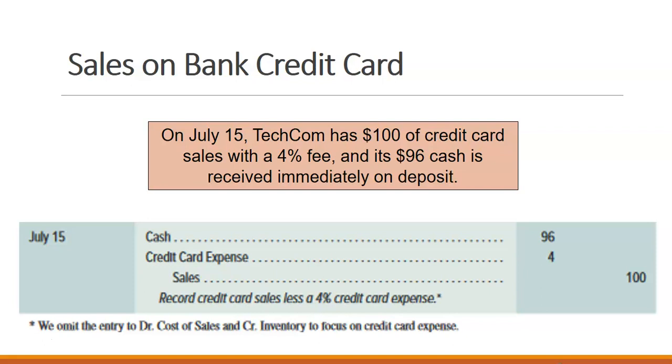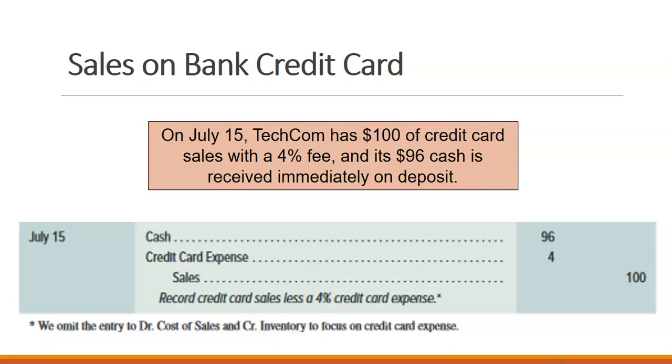When people pay using credit to companies, companies pay a fee. That fee varies based on the credit card supplier. Some credit card companies, like American Express, charge higher fees for accepting credit cards than others. We just have a general 4% fee on this credit card.